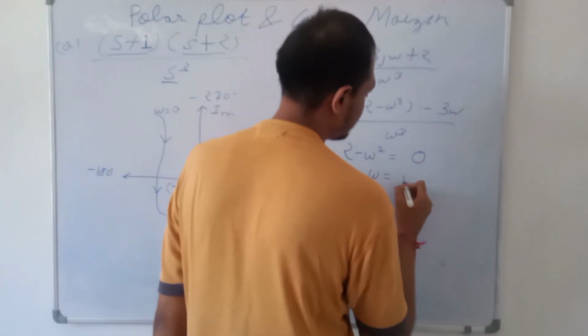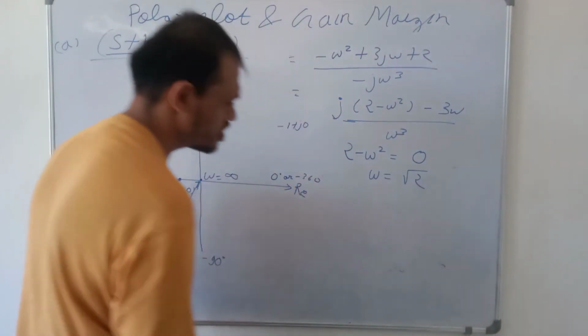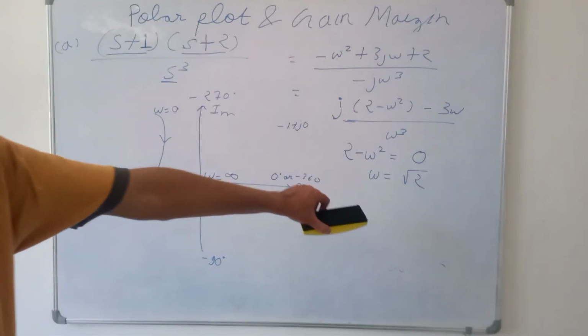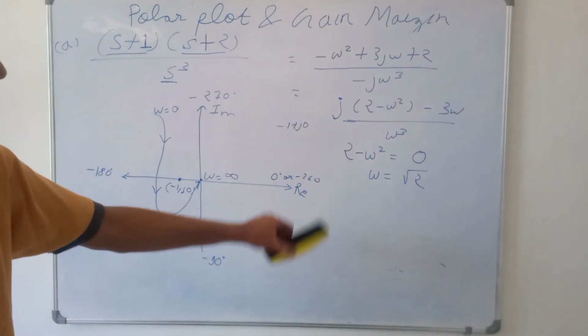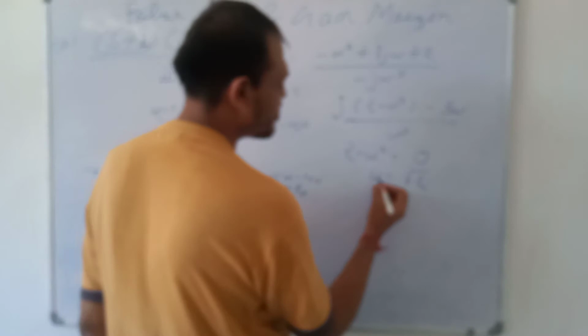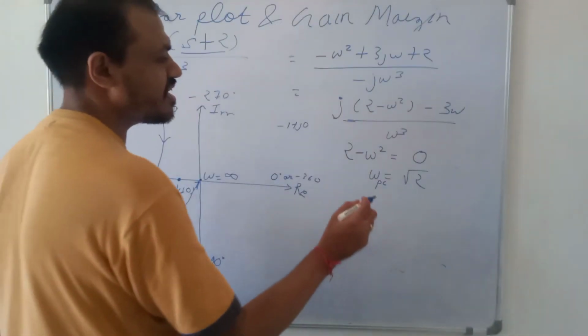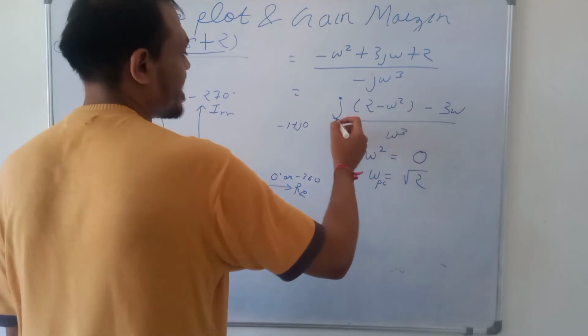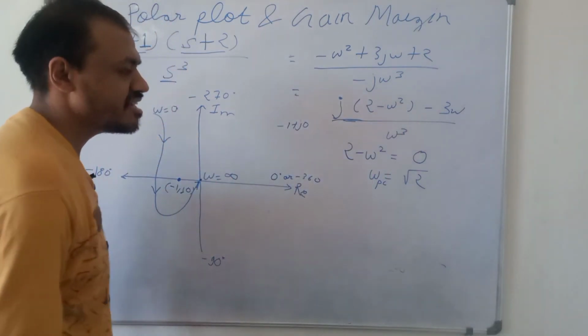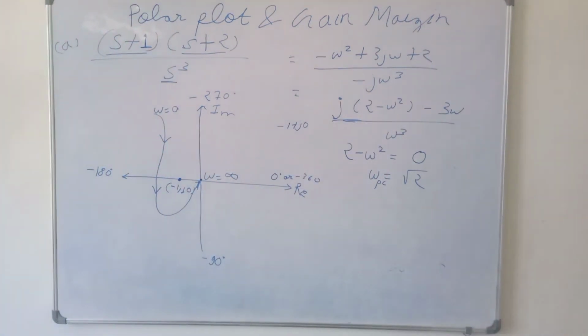So omega is equal to under root 2. Now this is called the phase crossover frequency. This is also called omega PC, the phase crossover frequency, at which the imaginary term of this GH system becomes 0. So the omega PC value is under root 2.